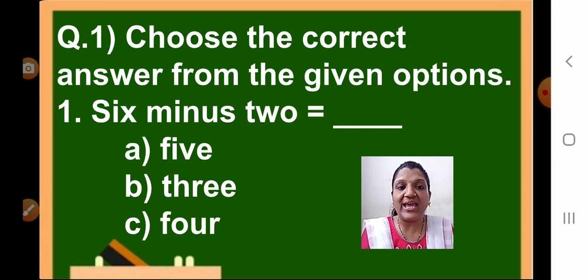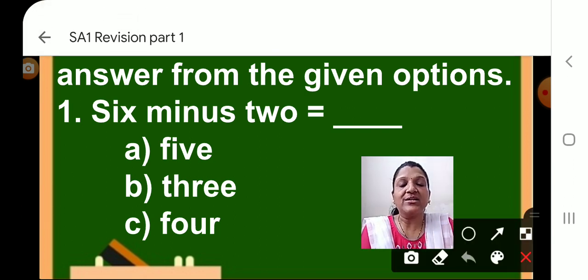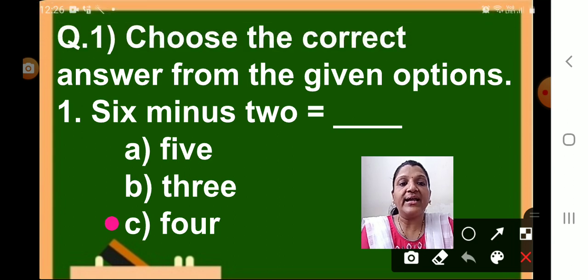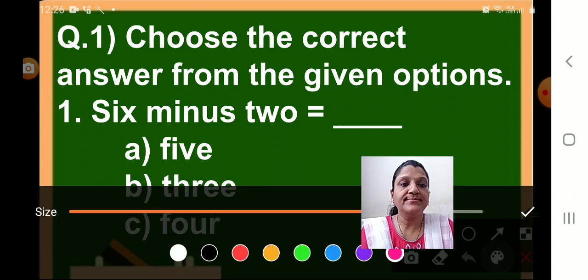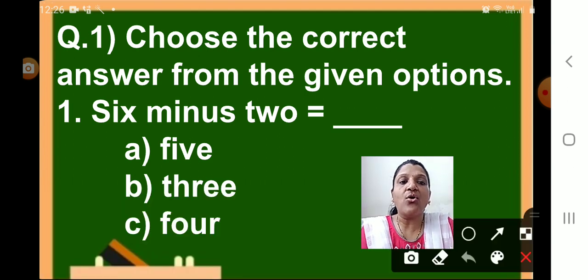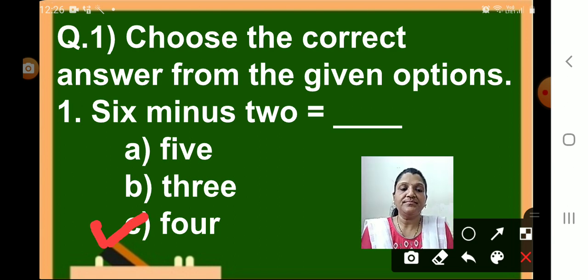Yes, option C, four, 4. So here we have to select or click on the correct option. So select four, 4, that is option number C. Have you got it, children? Now let us move to the next question.